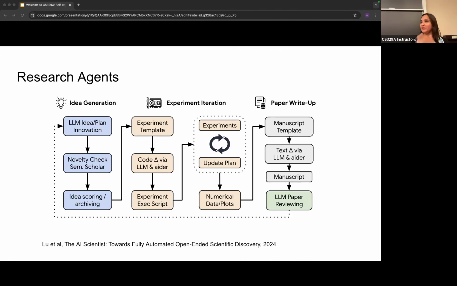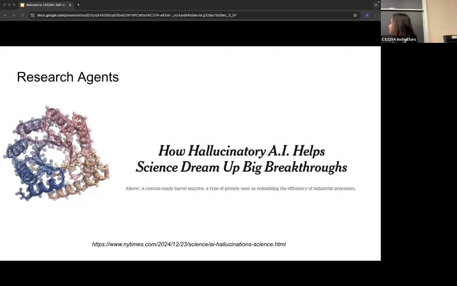You need scientists to really help guide the process, but it can really amplify your productivity, to the point where in late December, right before Christmas, there was an article in the New York Times which said that AI hallucinations might actually help science dream up big breakthroughs.